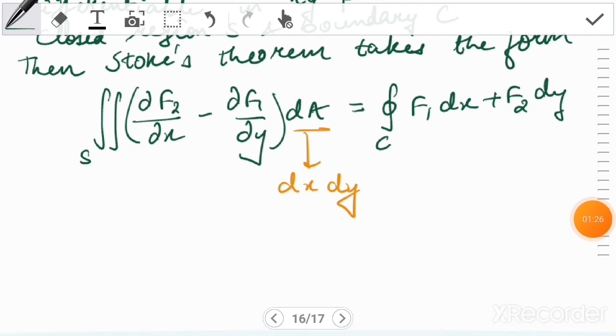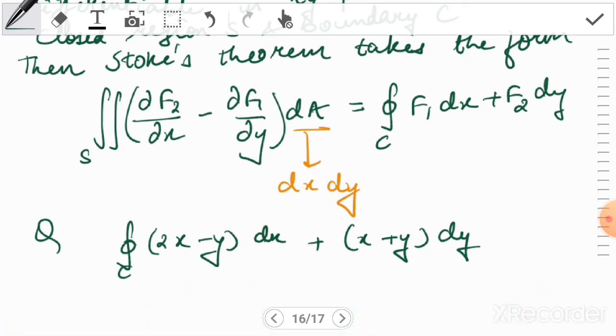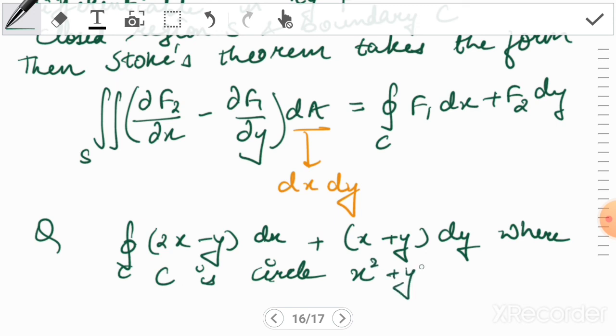Let us take one example. Find the value of the integral of (2x minus y) dx plus (x plus y) dy, where C is the circle x square plus y square is equal to 9.